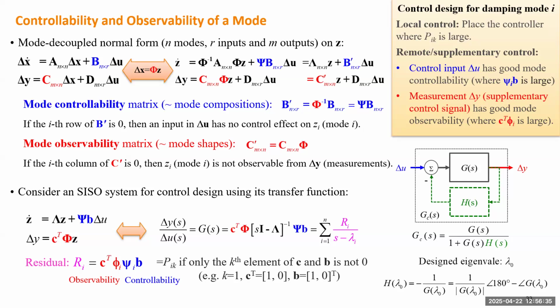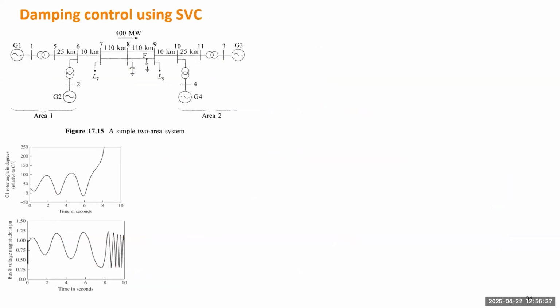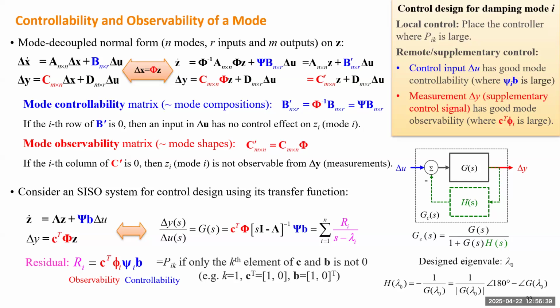Mode observability depends on the mode shape matrix. And when you place a controller, it's better to have the largest mode controllability. That depends on the psi matrix, which is about the mode composition.